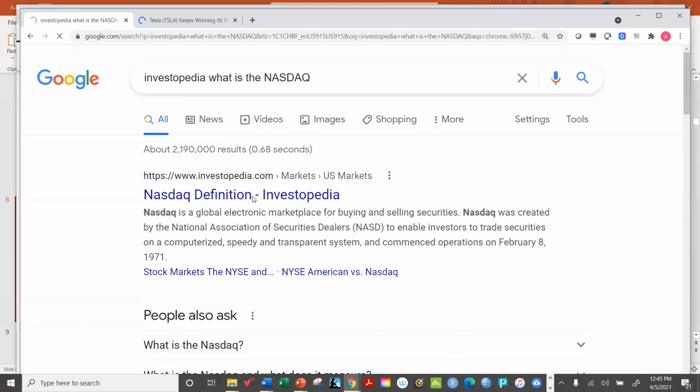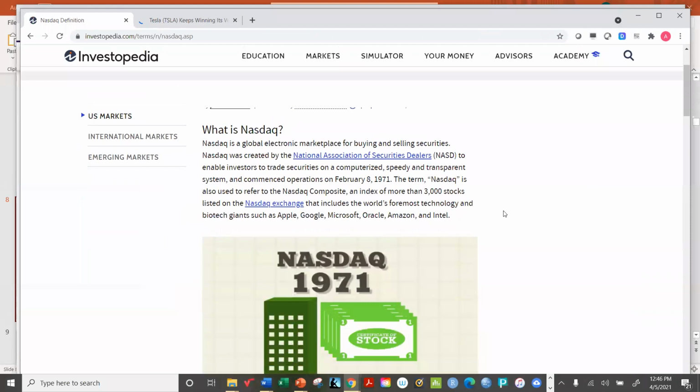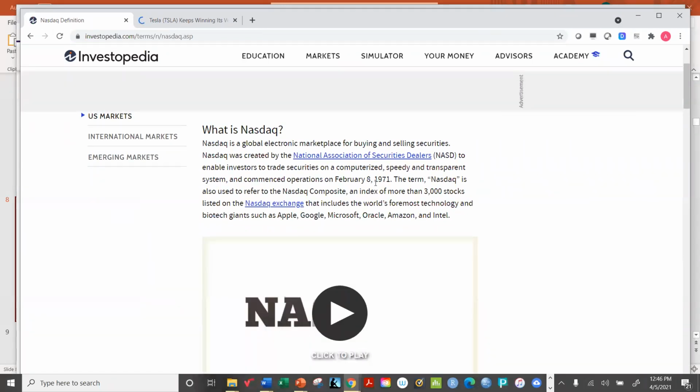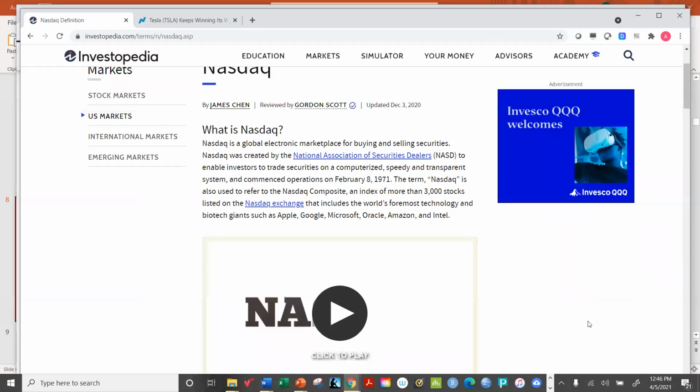All right. The NASDAQ is a global electronic marketplace for buying and selling securities. It was invented in the early 70s when people in general didn't have computers in their own homes. In other words, the trading is computerized as opposed to people standing on the trading floor yelling at each other, which is what you would see in the New York Stock Exchange.